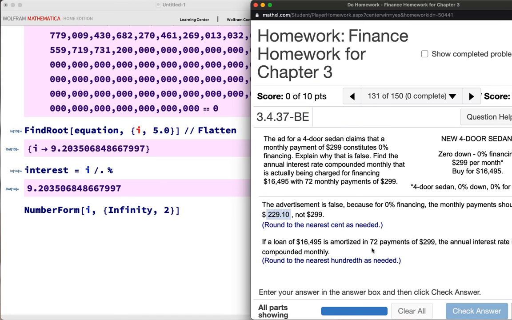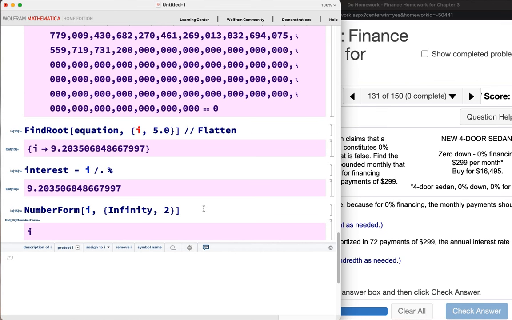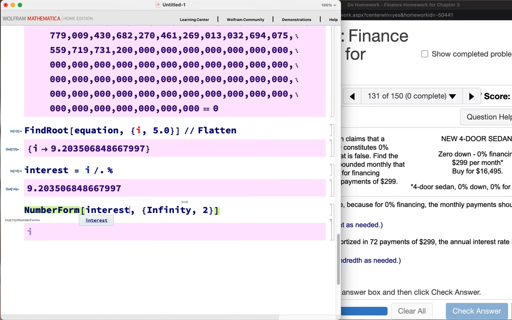Why 2? Because the problem says round to the nearest hundredth, which means I want 2 digits of precision to the right of the decimal point. Shift Enter. Oh, I'm sorry, this should be interest, not I. Shift Enter. Okay, so 9.20.